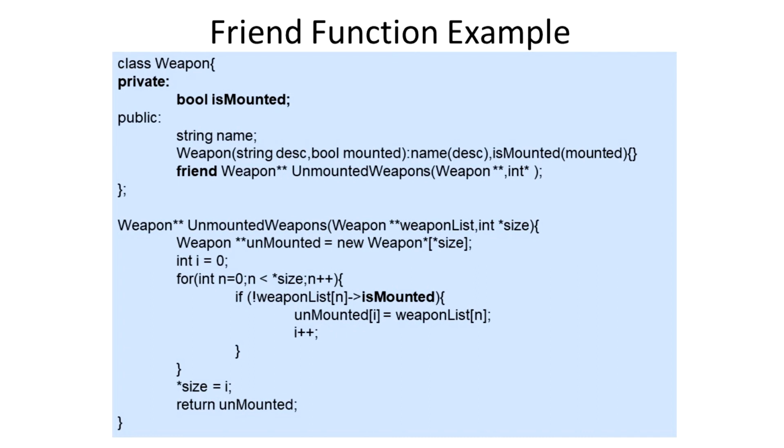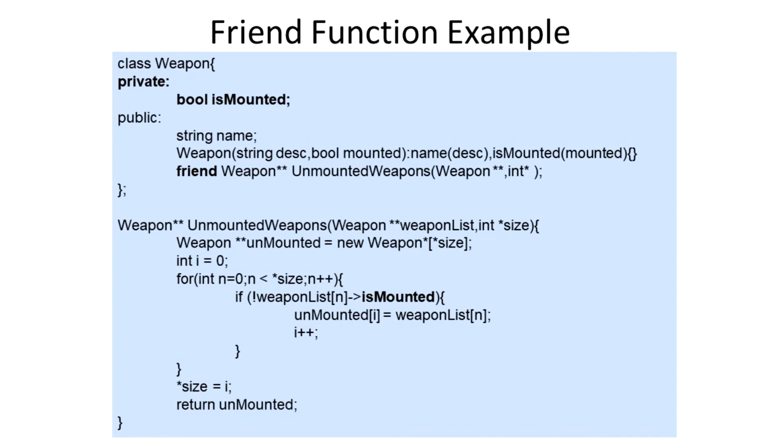But this is just an external function that doesn't exist within a class, and notice now that we can legally gain access to the isMounted Boolean data member within this external function because we first declared it to be a friend of the class, which is weapon.